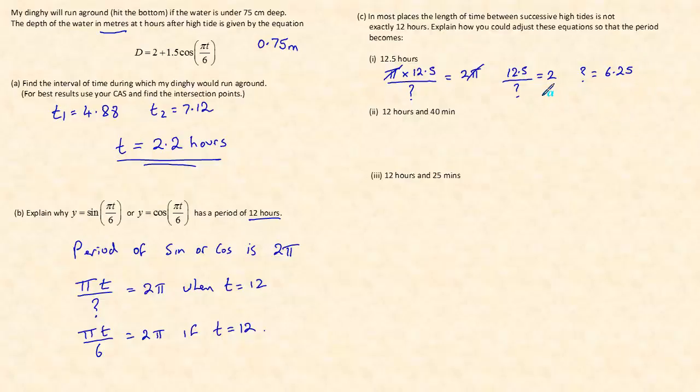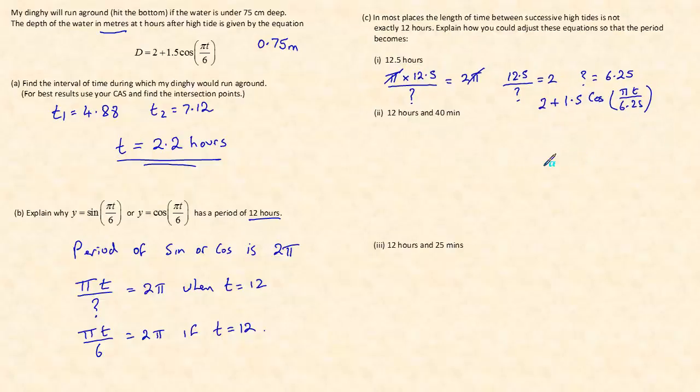So our equation would become 2 plus 1.5 cos pi t over 6.25. Now, 12 hours and 40 minutes. 40 minutes is 2/3 of an hour. So we'd need pi times 12 and 2/3 over question mark to be equal to 2 pi. Cancel the pi's.